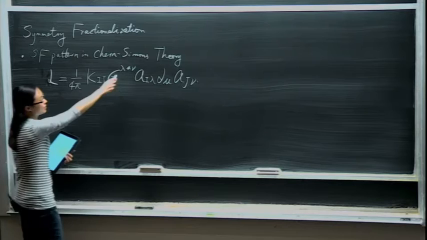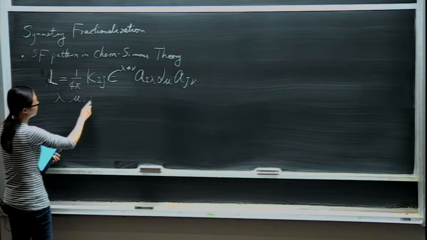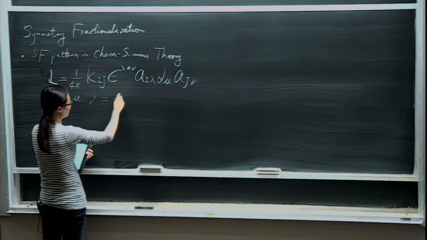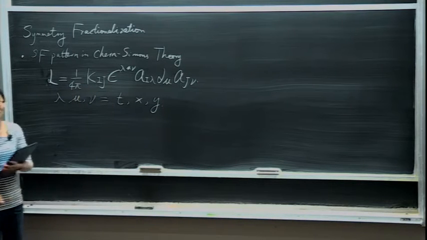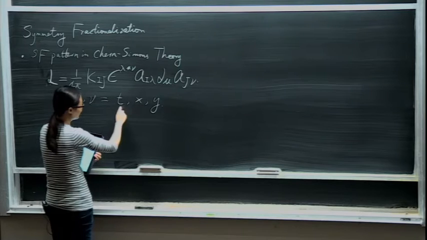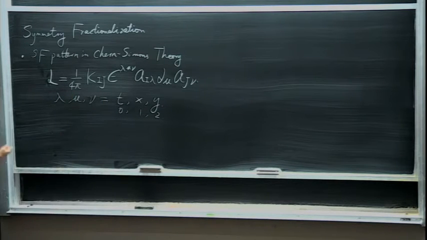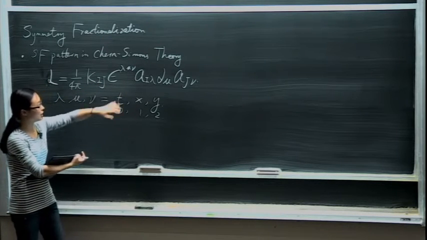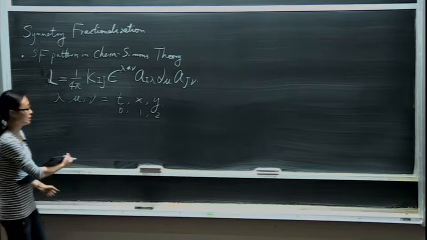First, these labels lambda, mu, nu are space-time labels. They are either time or the two spatial dimensions, because we live in two dimensions for now. Correspondingly, we can write 0, 1, 2. These subscripts take values in this set. Of course, we sum over all repeated indices, taking Einstein's convention.